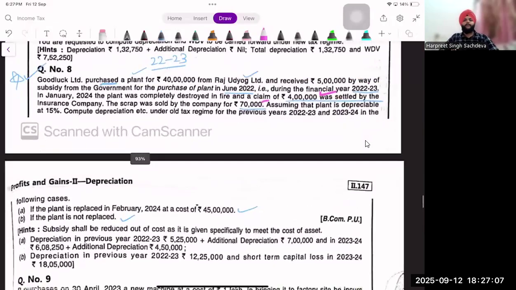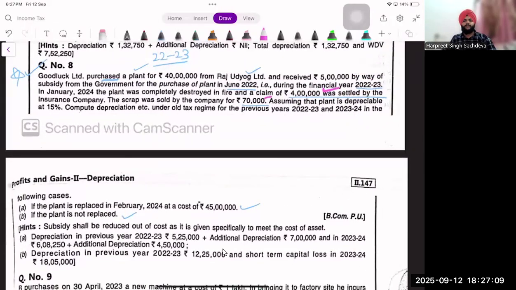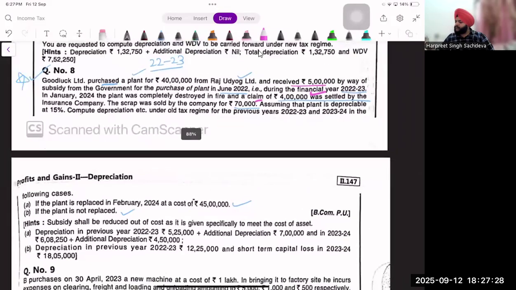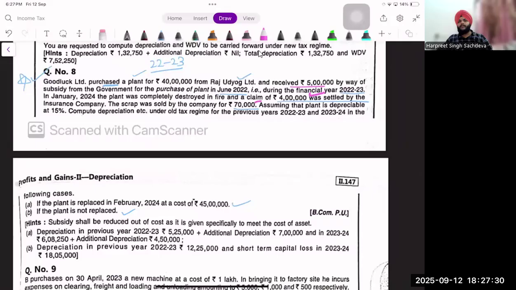Good Luck Limited purchased, very important question, Raja. Good Luck Limited purchased a plant for rupees 40 lakh from Raj Udyog Limited and received rupees 5 lakh by way of subsidy from the government, in June 2022 during the financial year 22-23.